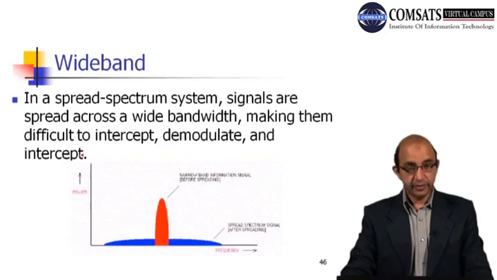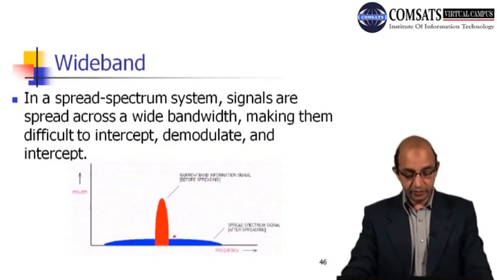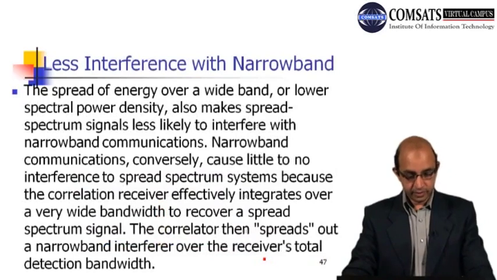You can see power on the vertical axis, and on the horizontal axis we have the frequency, and this is the spread spectrum signal after spreading, and the narrowband information signal before spreading. So this is the signal before, and you can see it is a very small band, and after spreading we have a wide band representation.